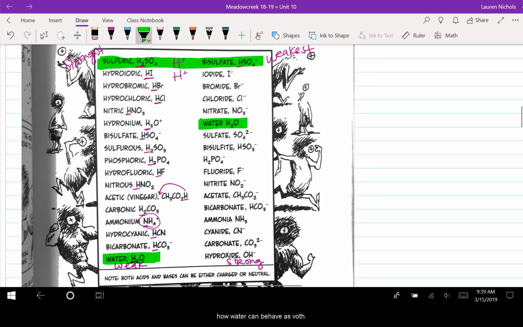And we're going to talk about how water can behave as both. But this is a key thing to note, that this pattern is always there. So it always starts with hydrogen. Your base is always your acid minus a hydrogen. Okay, so that's the connection there.